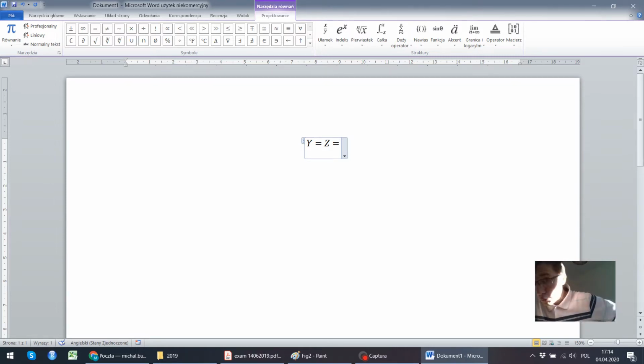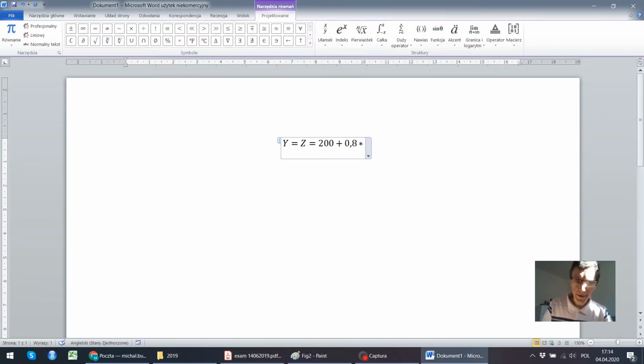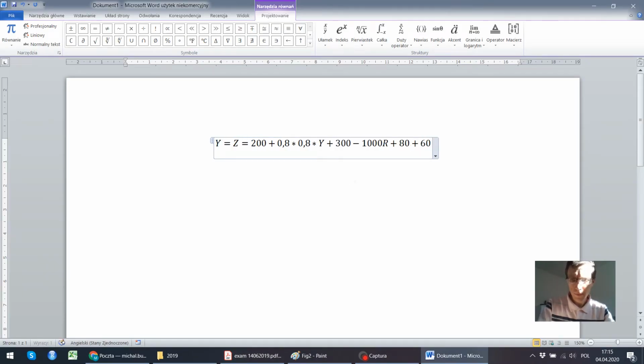Using the equations that we have listed, we can simply write 200, this is consumption, plus 0.8 times 1 minus tax rate, which is also 0.8, times y, plus investment, 300 minus 1000R, plus governmental expenditures equal to 80, plus net exports, and this is export 60 minus 0.04y minus 1000R.